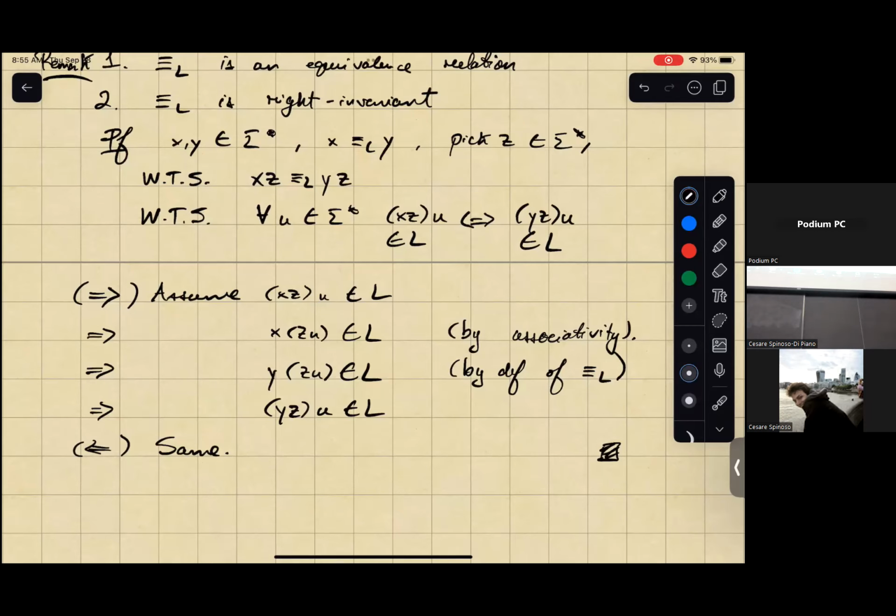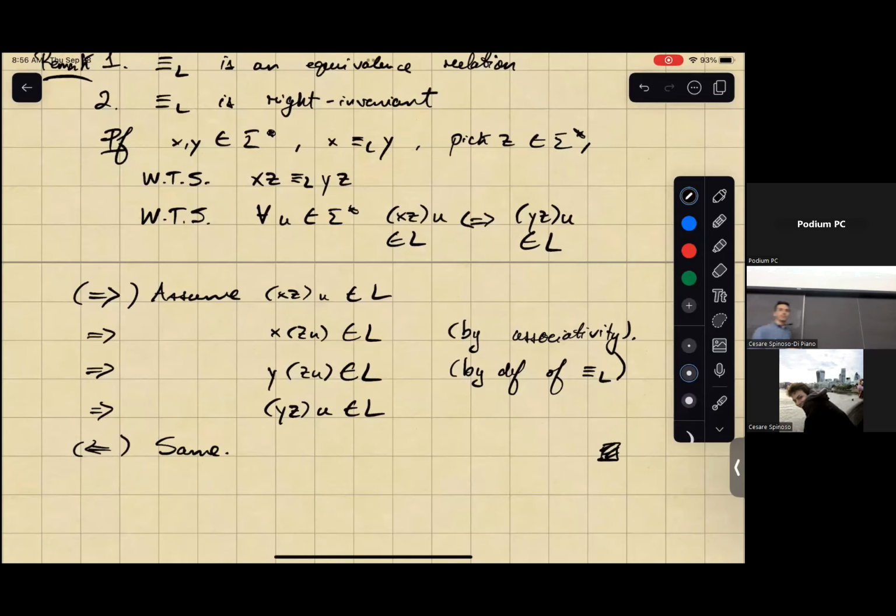Yes. In particular, what I mentioned at the beginning is that L could not be regular. So if L is not regular, there isn't a machine that allows xz and yz together. So that's why I really want to emphasize the fact that L doesn't necessarily have to be regular. Good, very good question.